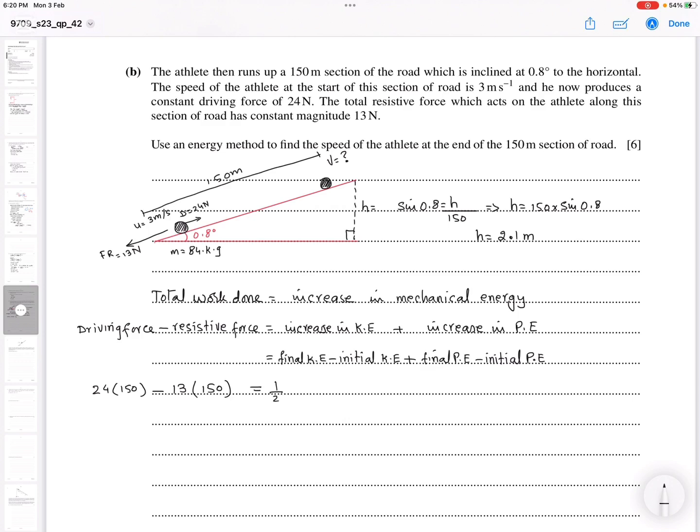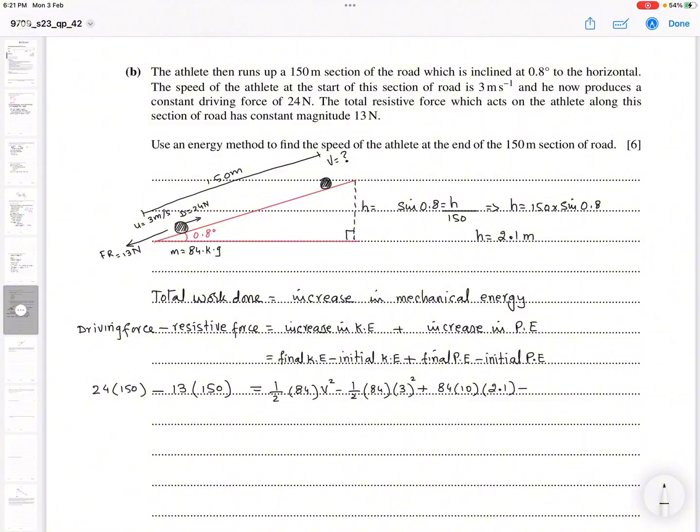So half, mass is 84 and v is to be known, minus initial kinetic energy, half m v squared, m is 84 and v is given 3 meters per second, it's squared, plus final potential energy, that would be m g h, mass is 84 and g is 10 and h is what we just found, 2.1, minus initial potential energy.